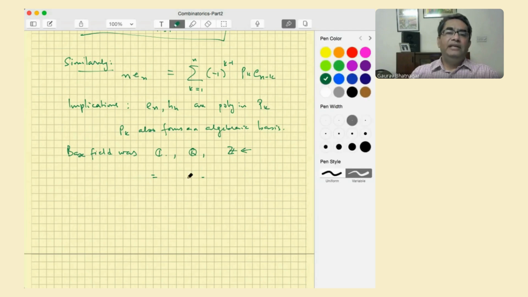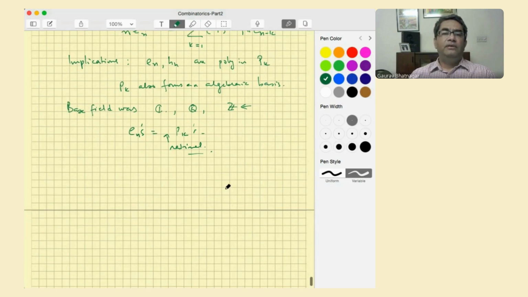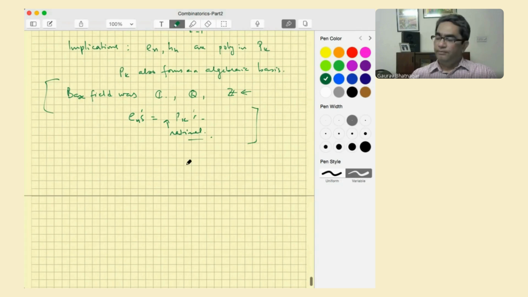If you're writing e_n's in terms of p's, then you may need a rational number here. Otherwise, even an integer will work. So this is a remark. Remember it.